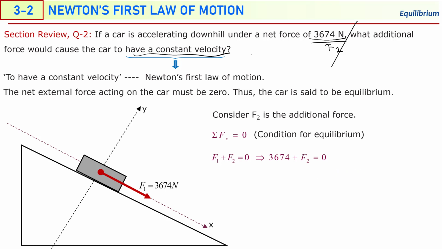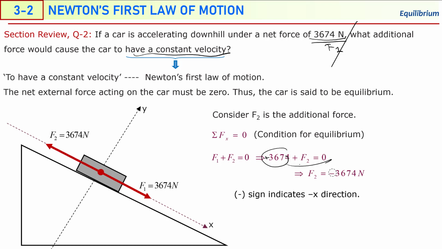If you take this positive 3,674 to the right side as negative, F2 will be negative 3,674 Newton. This negative sign again indicates that the second force F2 must be in the negative x direction, and the magnitude of the second force must be 3,674 Newton. In this case, the vector sum of these two forces will be equal to 0.